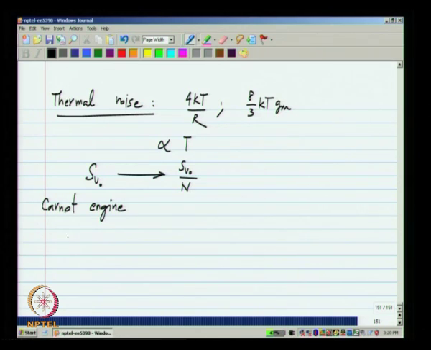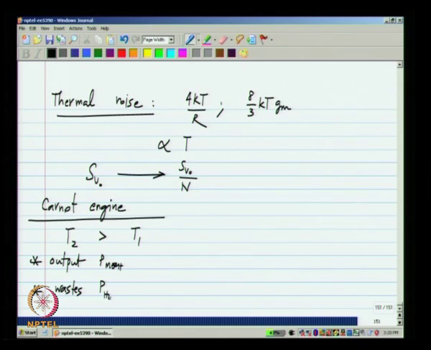It operates between two temperatures T2 and T1, and let us assume T2 is more than T1. Okay. Now, what does it do? It produces some mechanical output power P mech, and it wastes some power in the form of heat.